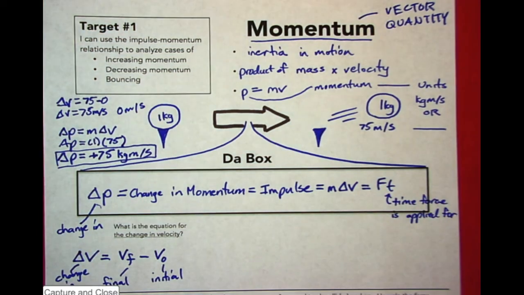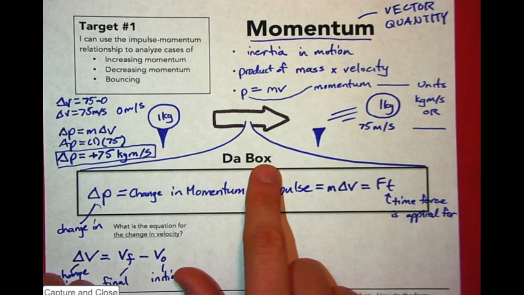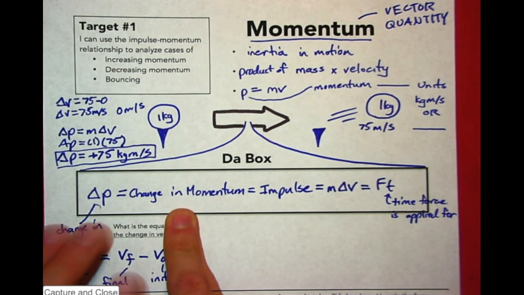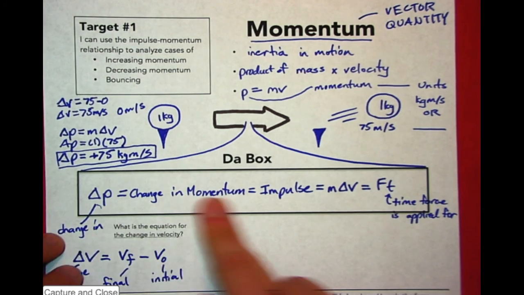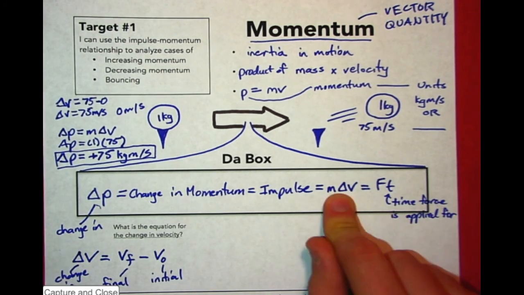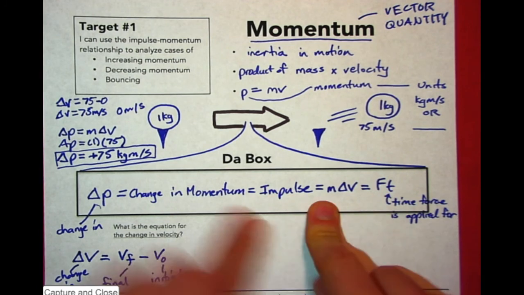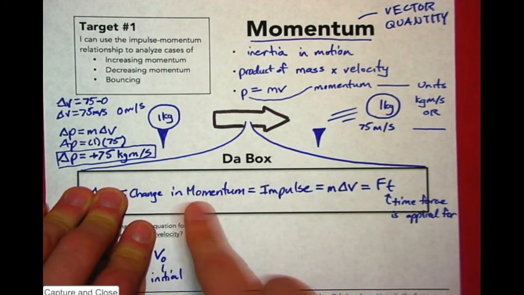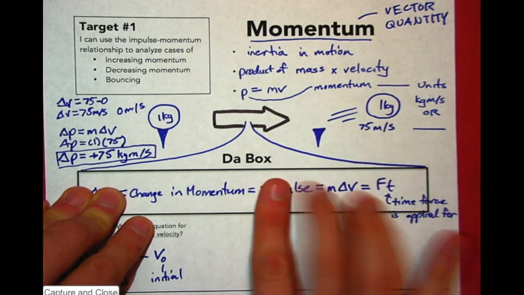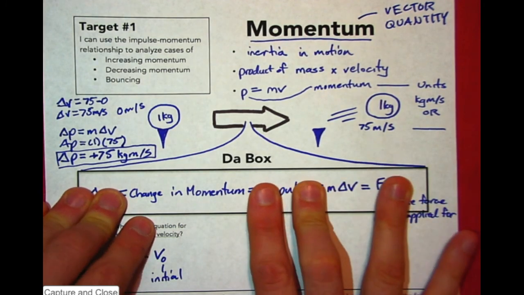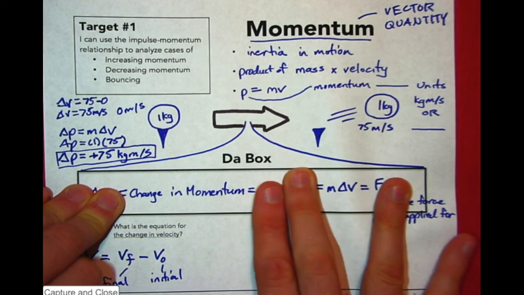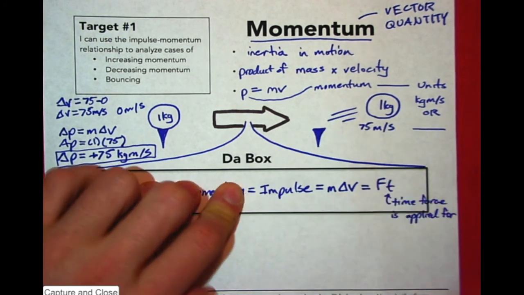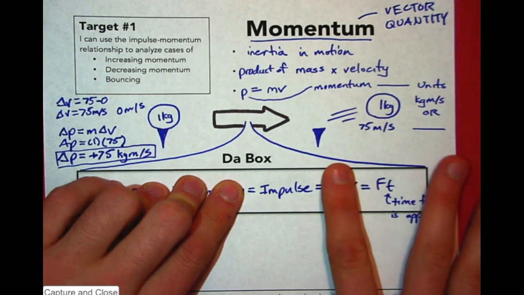All right, now we've completed the box, and this is going to be a super, super helpful tool for solving any problems with changing momentum. Since everything is going to be equal in this box, we could choose which parts of the box we want to use for a specific problem. For instance, let's say we get a problem that asks us for a change in momentum, and they give us things like mass and velocity. Well, we're probably going to use these two quantities here and set those equal to each other. But then let's say we have another problem that says, find the impulse, and they give you things like force and time.